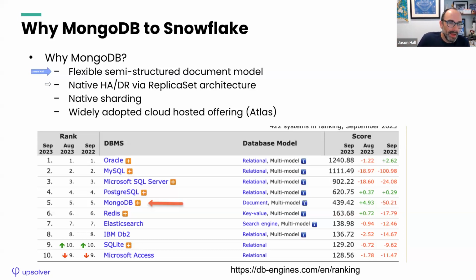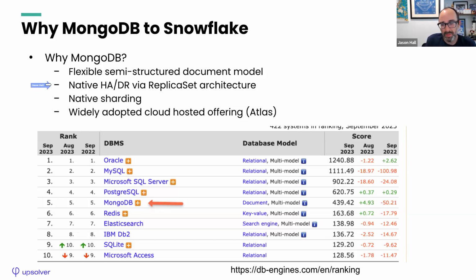Right? I think one of the second reasons why MongoDB has really grown in popularity is that they offer native HADR support through its replica set architecture, right? HA and DR within MongoDB was not, I don't want to call it an afterthought, but was not cobbled together using other third-party technologies as it was for some other data platforms, right? MongoDB has been built from day one to support a replica set-based architecture, which makes HA configurations and DR very simple.